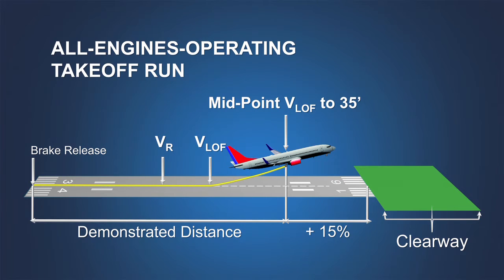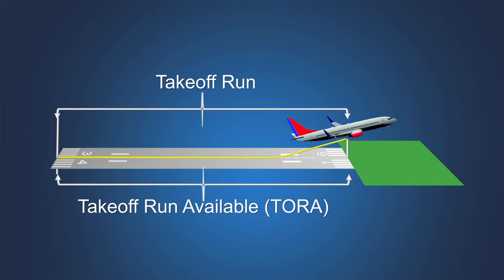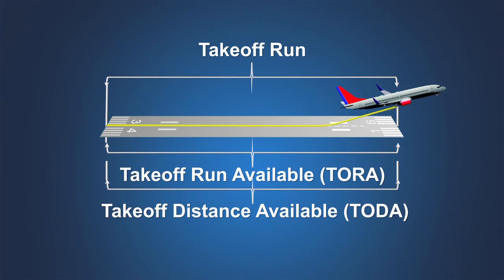The takeoff run applies only on a dry runway. The calculated takeoff run cannot be longer than the takeoff run available. When taking off from a runway where the takeoff run available is equal to the takeoff distance available, the airplane's takeoff run may be considered to be equal to the airplane's takeoff distance.